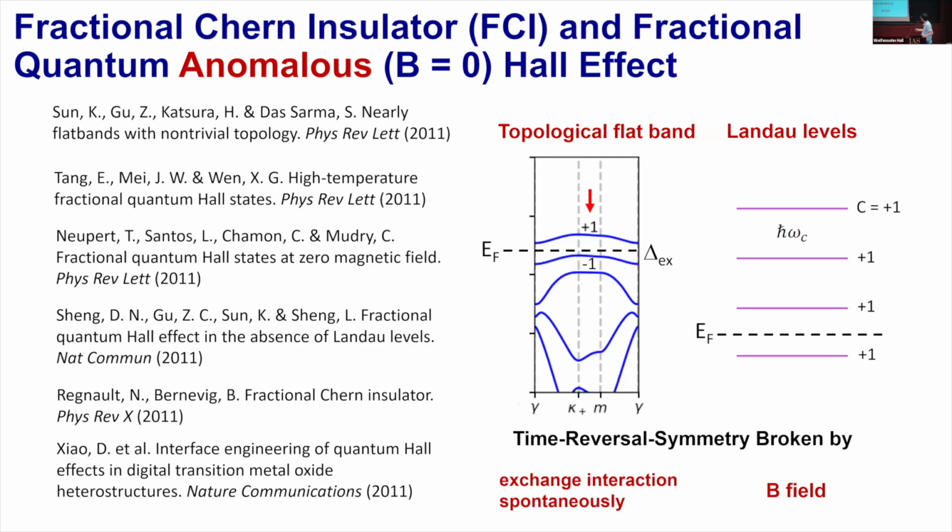And in the crystal case, you don't have that well-defined cyclotron energy, but you have this thing called the exchange interaction, which could generate a gap between two bands that are, for example, time reversal pairs of each other. And then maybe, if you're lucky enough, you get fractional quantum Hall at zero magnetic field. Right?